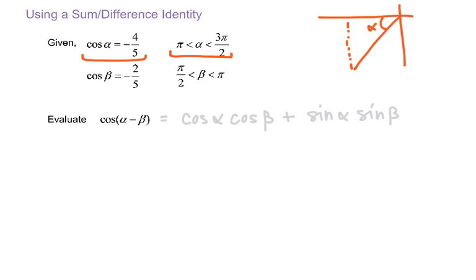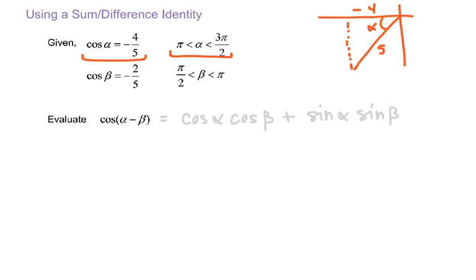Now, cosine is defined as adjacent over hypotenuse. So the adjacent side is 4 and the hypotenuse is 5. But we want to keep in mind that this has a negative in front of it, which means one of these two values needs to be negative. We always let the radius, or hypotenuse, be the positive number. Since we are extending left on the x-axis, that's going to be a negative 4.